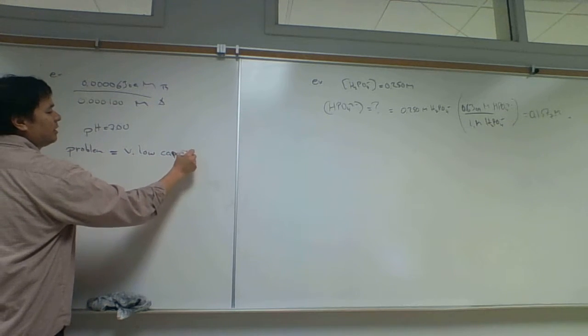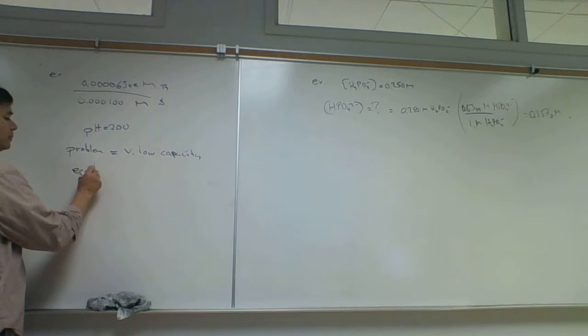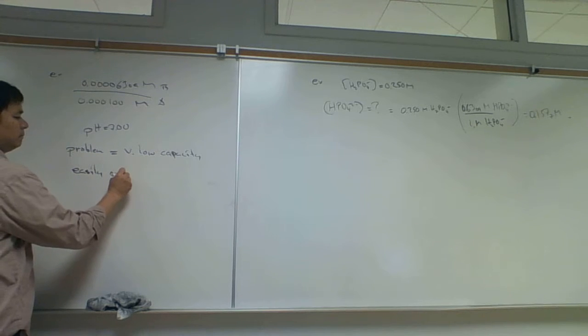This buffer would not last very long because what we'd say is it can be easily overwhelmed. So for example, if we just add a little bit too much HCl, it'll completely react with all the base and it's gone, and then we no longer have a buffer. Okay. And so that is a problem, easily overwhelmed.